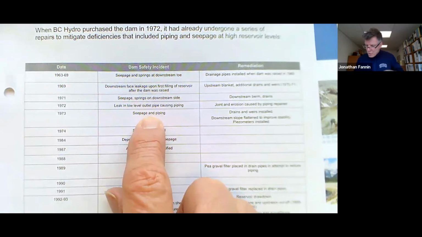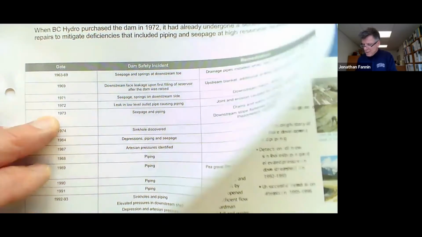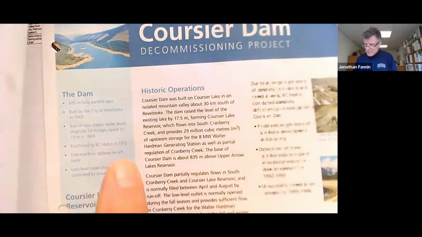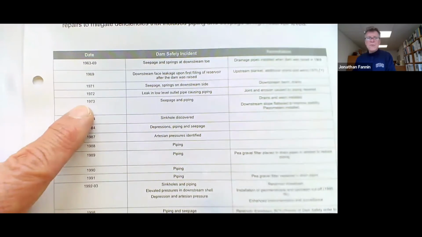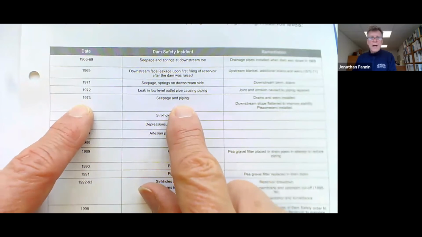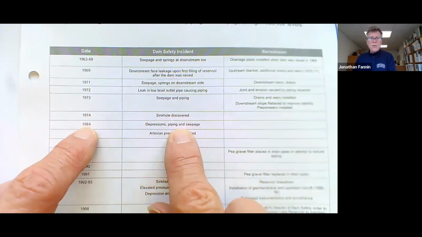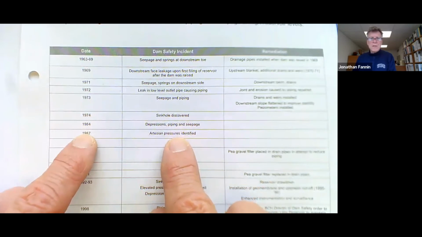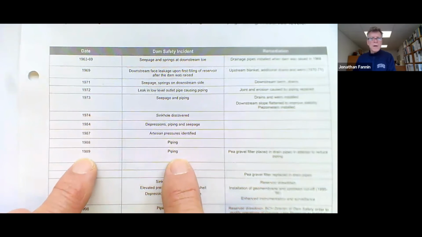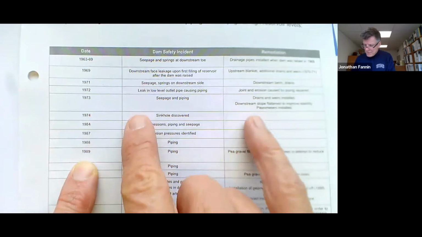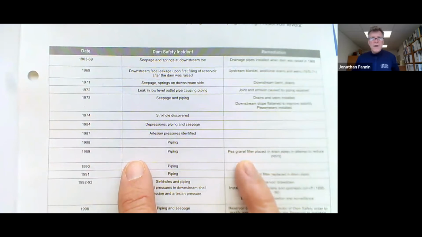This is now after acquiring it, 1973. You remember it was acquired in 72. And so Hydro now, on the asset they acquired, we're starting to deal with sinkholes and piping and seepage and artesian pressures and more piping, and it becomes a litany of poor performance.